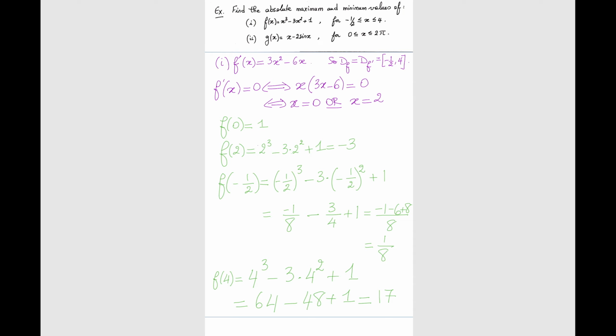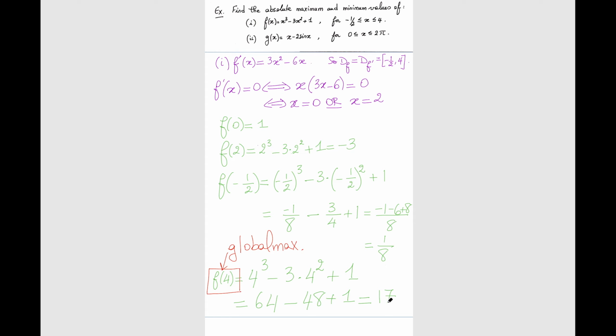So what can we say at this point? Let me box the things in red. That's going to be the global maximum, because that's the highest value that the function can take over that range minus half, 4.